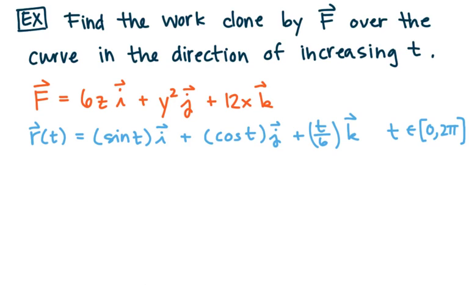In order to calculate the work done by this force along the line integral, we need F composed of r(t). So for 6z, I'm going to plug in t over 6. That's just going to give me t i.